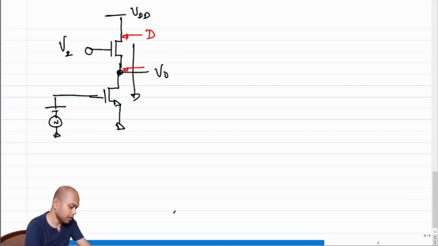So this terminal becomes the drain and this terminal becomes the source, which means the arrow that determines the source goes at V0. So what is the consequence of this? What is the impedance of the transistor looking up into the source? What is the small signal impedance? Let me call this M2, with gate voltage V2.